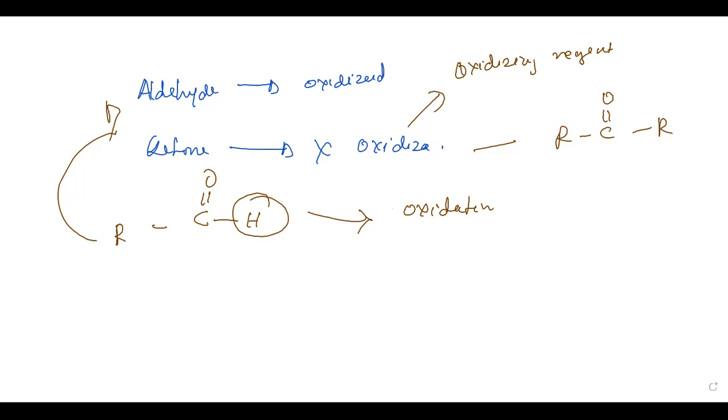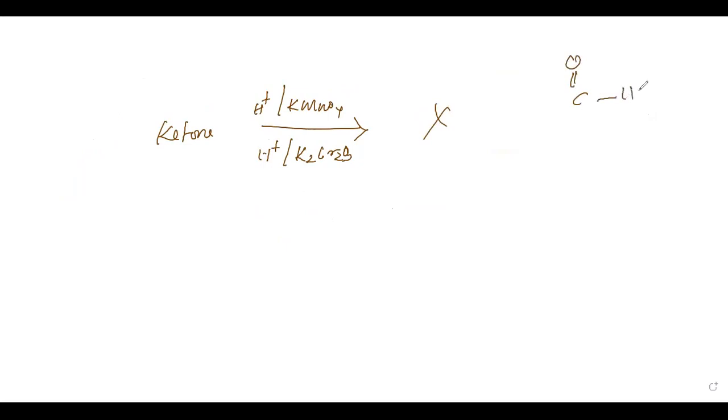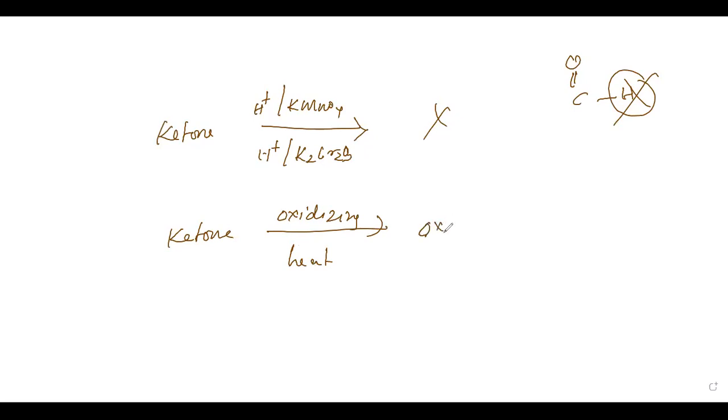With permanganate ion and dichromate ion, the ketone won't oxidize, because it doesn't have the hydrogen required. But when you use the ketone along with the oxidizing agent and heat, it will undergo oxidation.